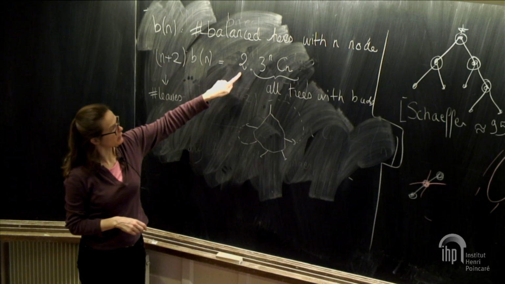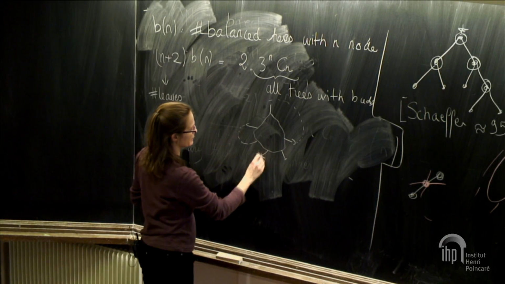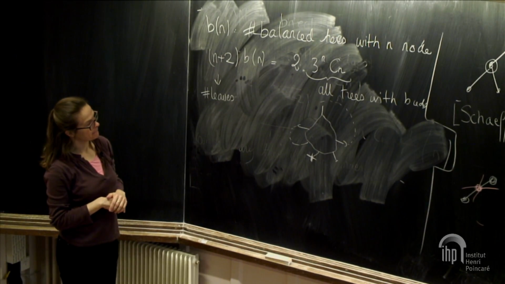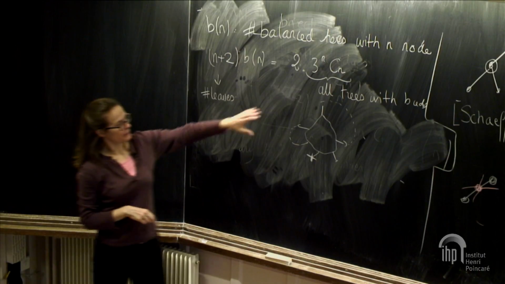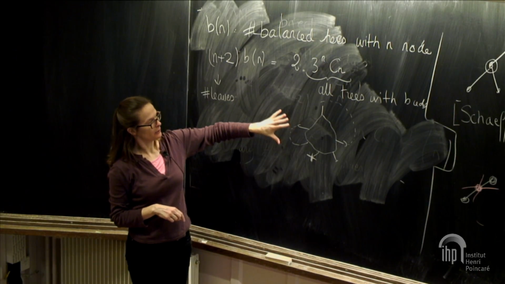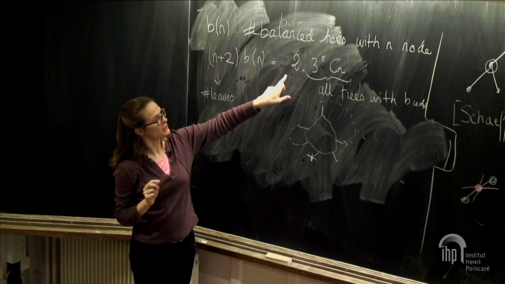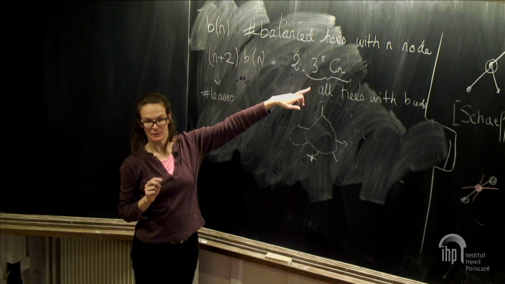And what you do, so you have 2 single leaves, and you mark one of them. So these objects, trees with a marked single leaf, are counted by 2 times 3 to the n times Cn.